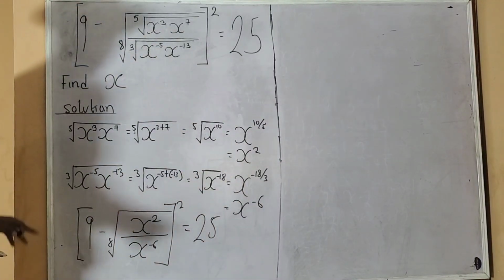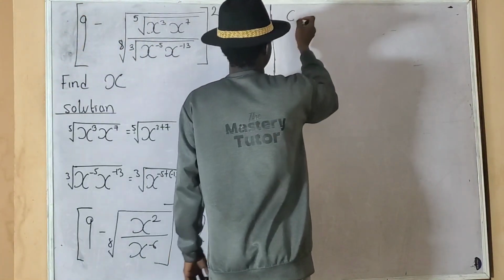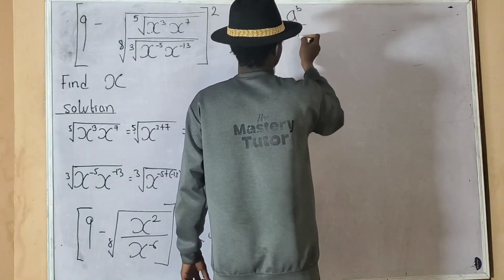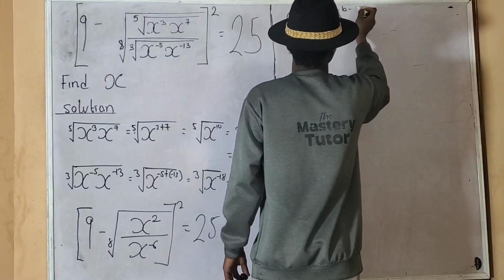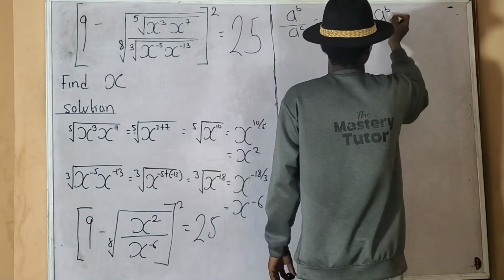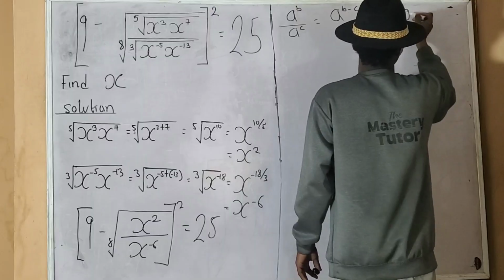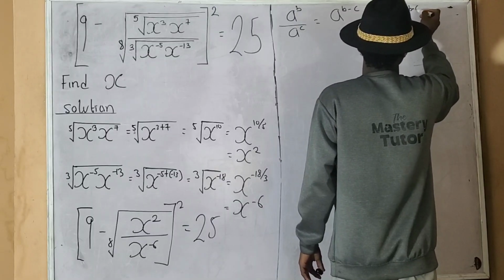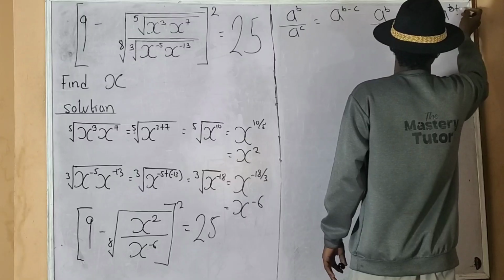Okay, now we are still going to deal with these two. Recall that if you have a raised to the power of b divided by a raised to the power of c, this will be equal to a raised to the power of b minus c, right? Now, if you have a raised to the power of b divided by a raised to the power of negative c, this will be equal to a raised to the power of b minus negative c, and this will be equal to a raised to the power of b plus c.